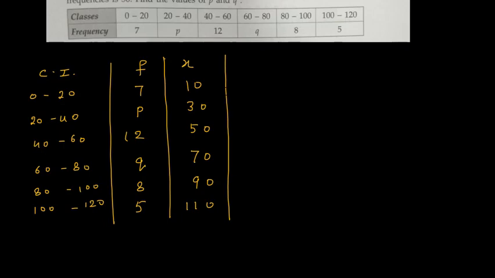Then fx, here we have the column of fx: 7 into 10, 70; 30 into P, we have 30P; 12 into 50, so this is 600; this is 70Q; 8 into 90, 720; and 5 into 110, 550.